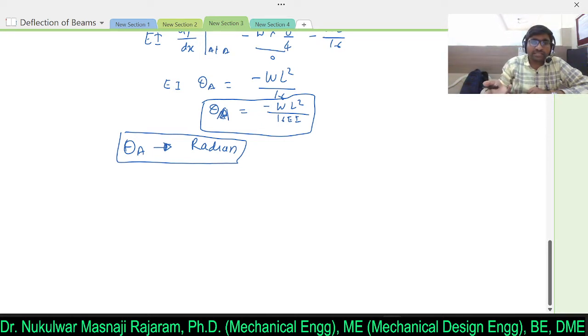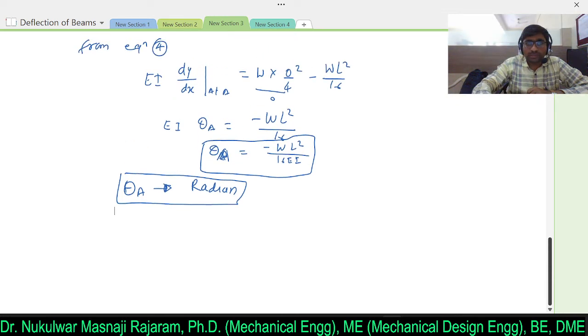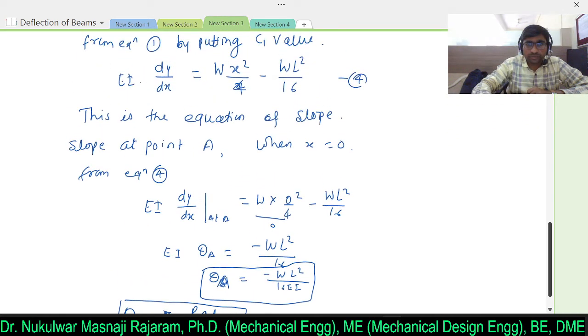Then how to get deflection? Again take integration. So we will integrate the slope equation. So you need to take the integration of this equation.